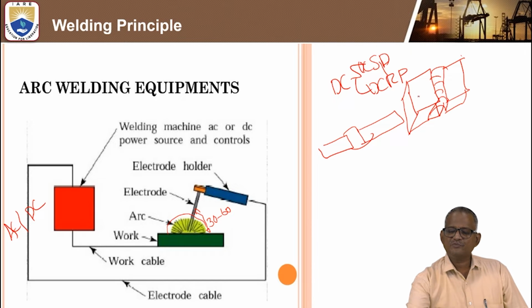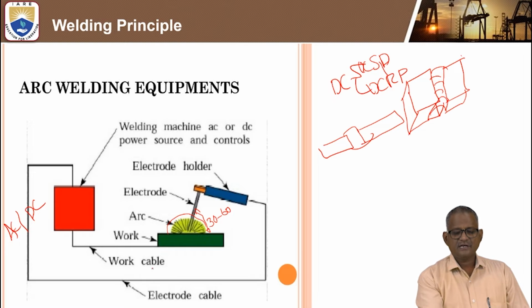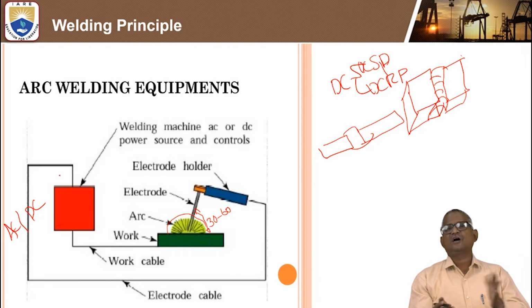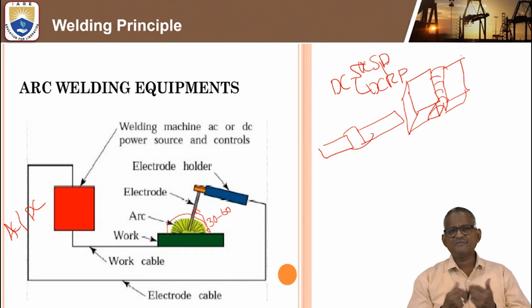The arc blow occurs in front of the filler rod at the workpiece. There will be an electrode cable and a workpiece cable connected, either DC or AC. This arc welding setup is available everywhere.